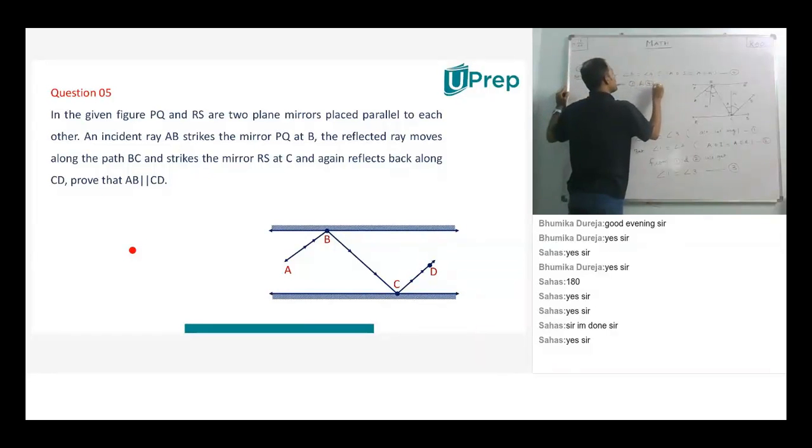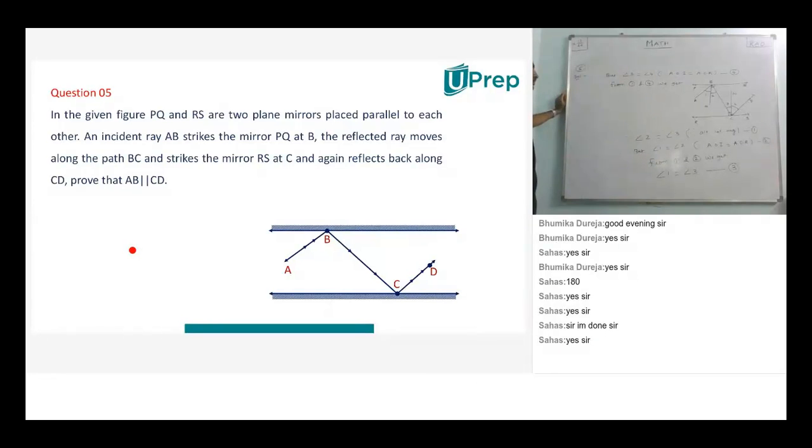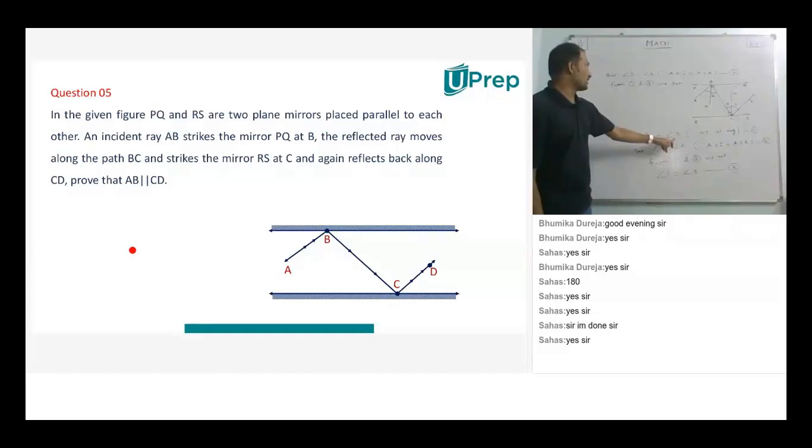From 1 and 4 we get angle 2 is equal to angle 3, and angle 3 is equal to angle 4.